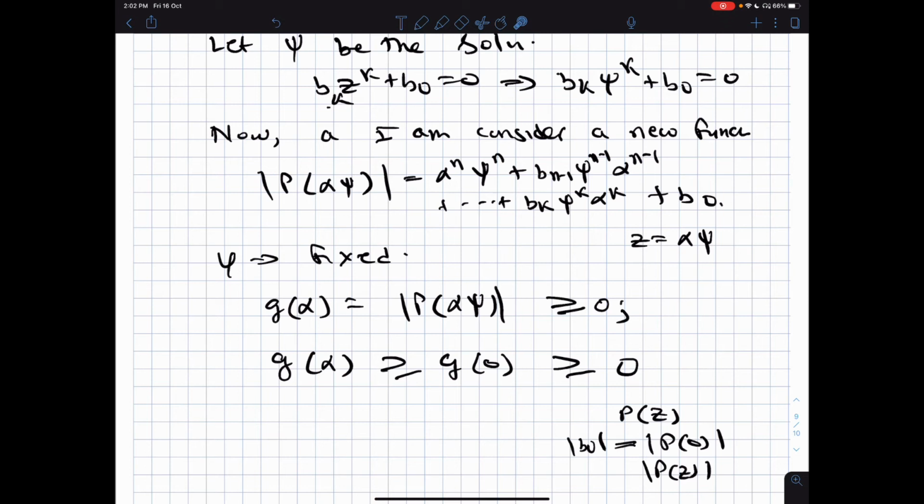But now I want to show that g of 0, which is nothing but mod of b naught, is 0.